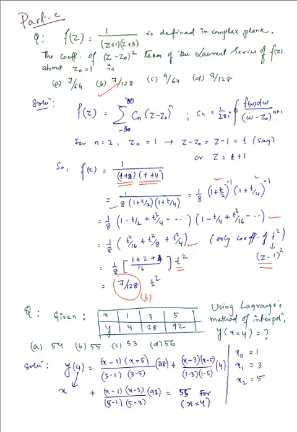That is, for x0 equal to 1, you have y of x0 equal to 4. y of x1 will be equal to 28, and y of x2 will be equal to 92. These have been provided. So we have the formula over here.